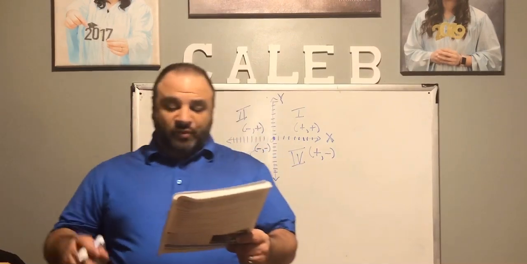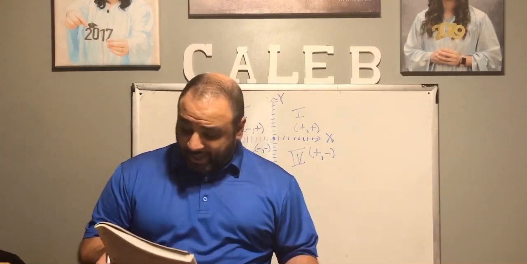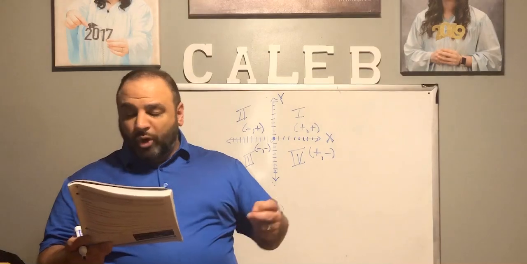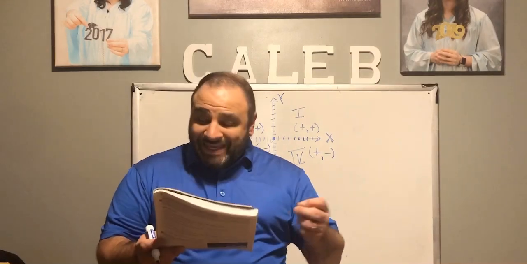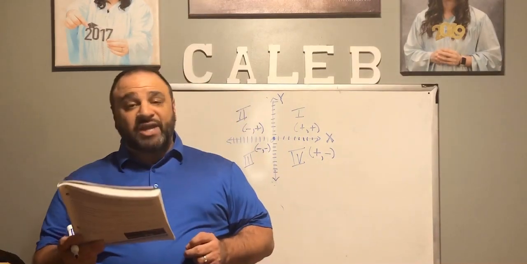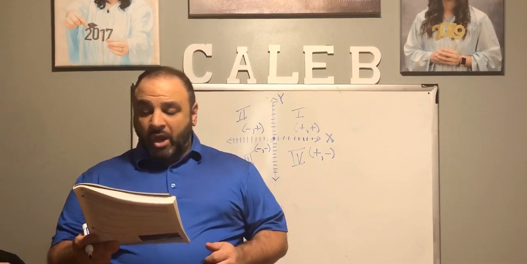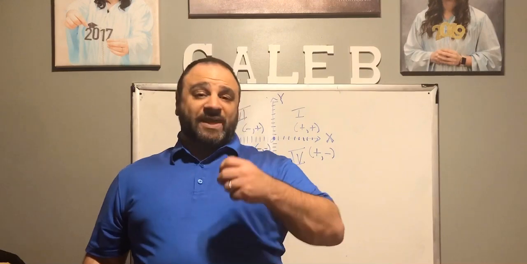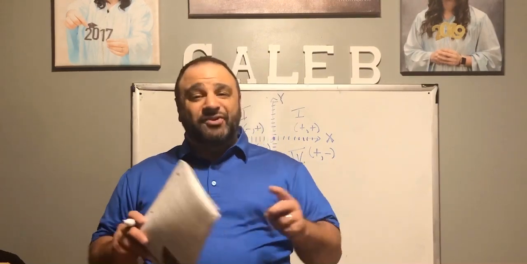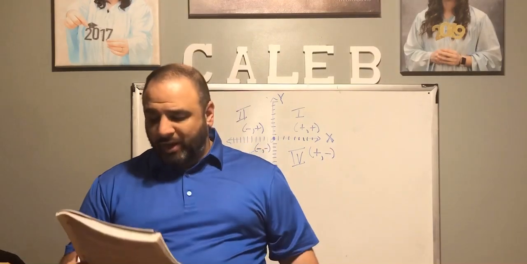Now, to find a point on the coordinate plane, we become acquainted with an ordered pair of numbers. These numbers, which indicate the location of a point on the coordinate plane, are called the coordinates. So if I ask you to find the coordinates, you're going to be given two numbers. We need to find where those two numbers would intersect on our coordinate plane.